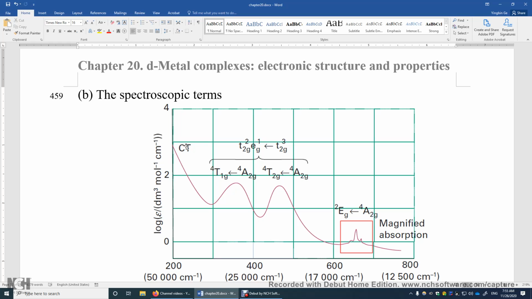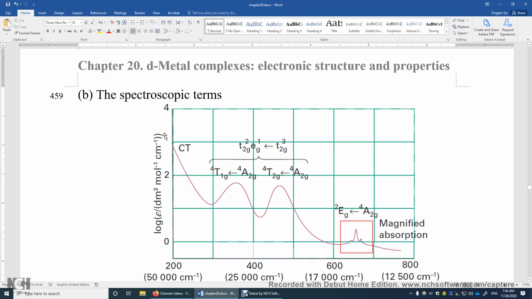And whenever there is a significant change in electric dipole moment, the absorption coefficient, this epsilon or extinction coefficient, is really large.